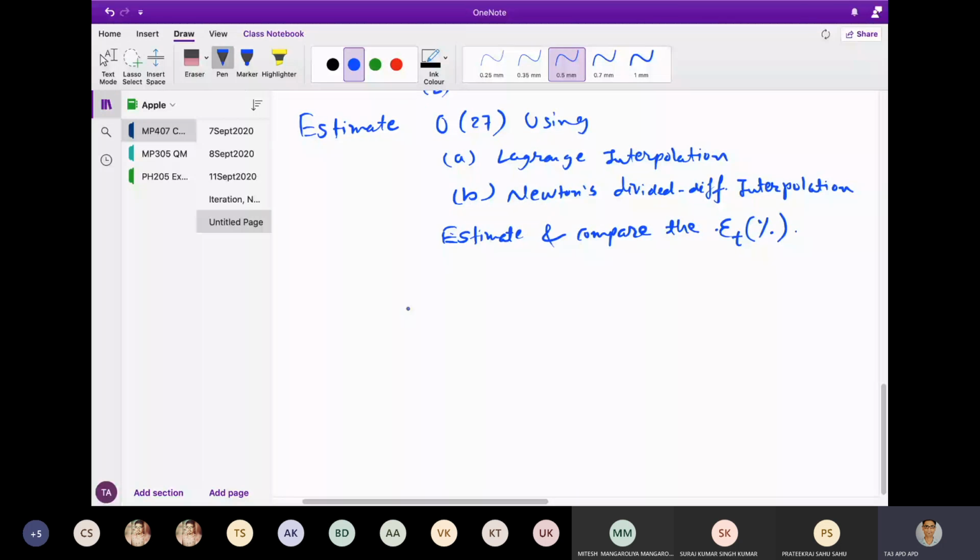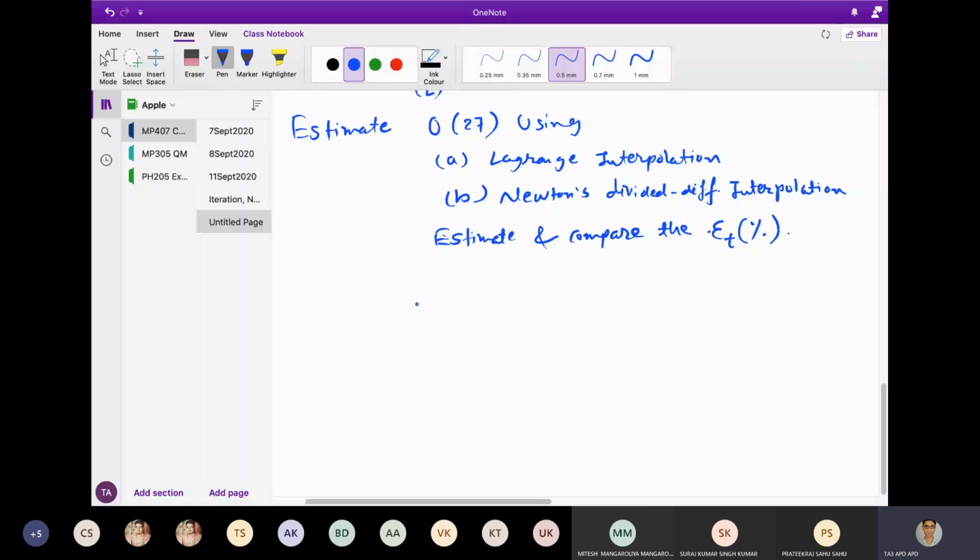Now we should look at numeric integration.